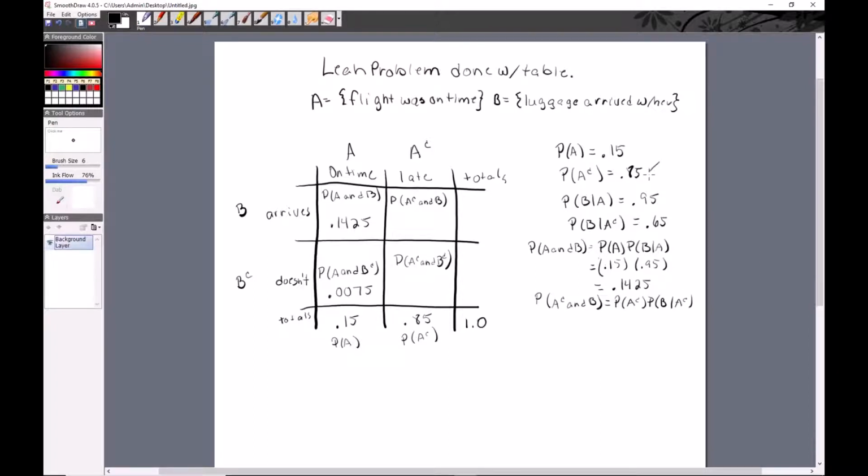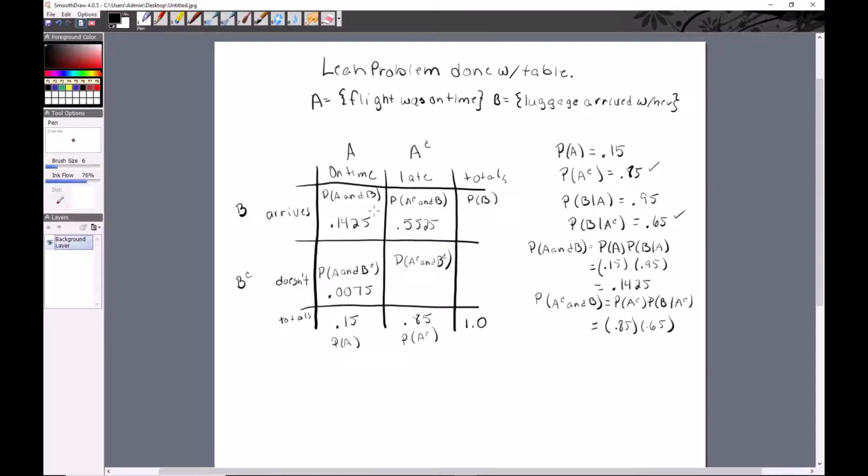We know the 0.85, and we know the probability of B given A complement, so just multiply those two together. That'll be 0.85 times 0.65, which gives you 0.5525.